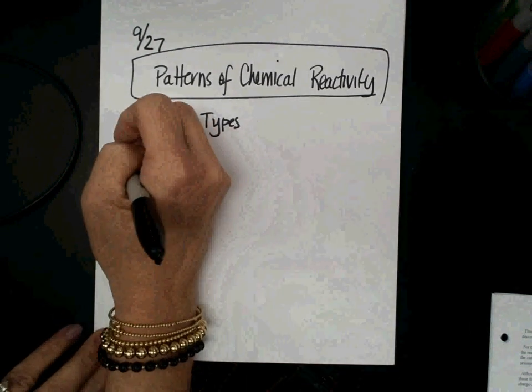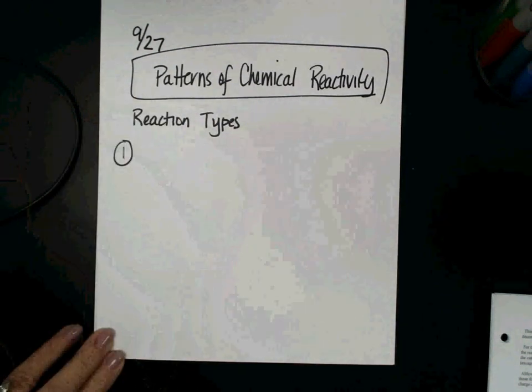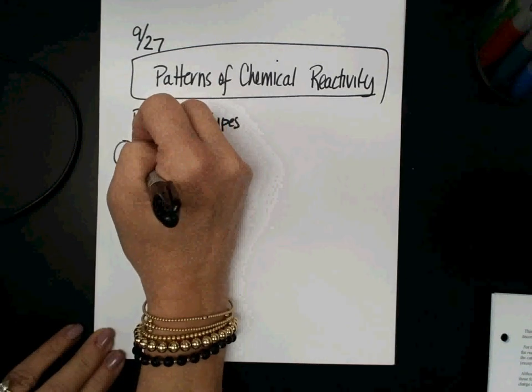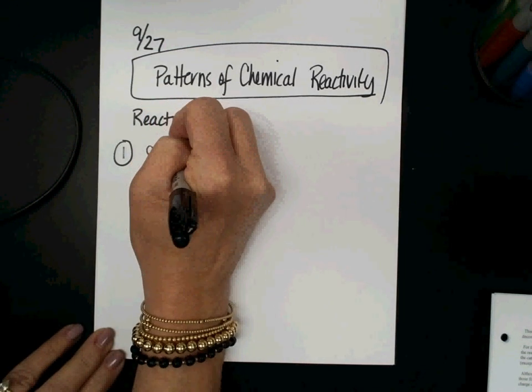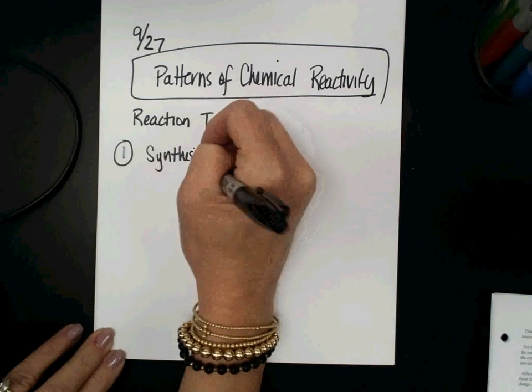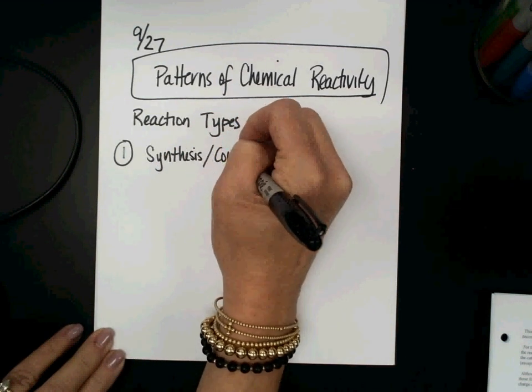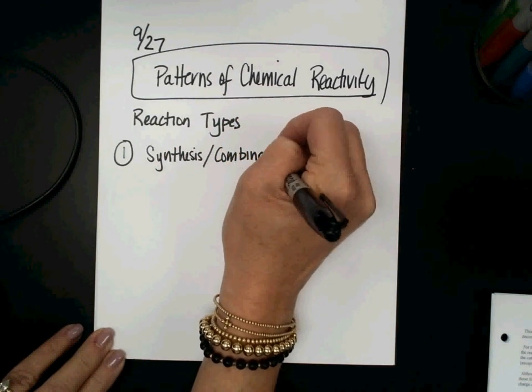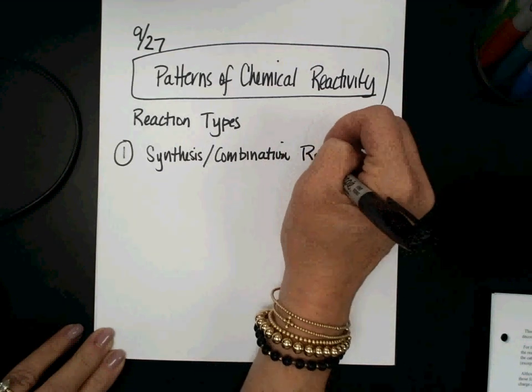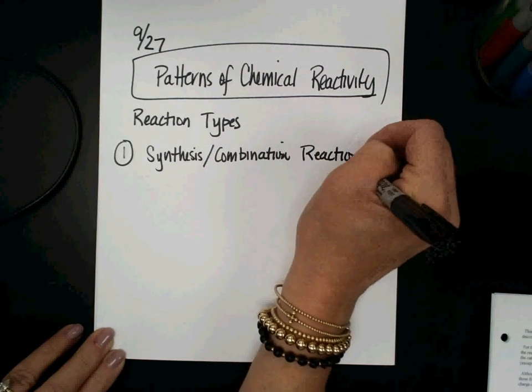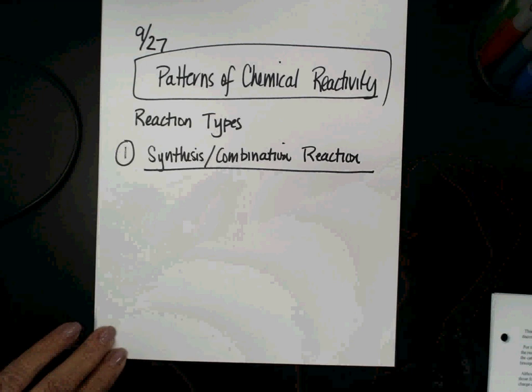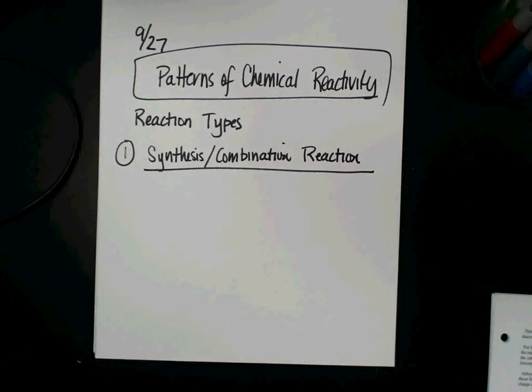The first type of reaction is called a synthesis. This is the simplest type, synthesis or combination. And depending upon what chemistry book you're looking in, it'll call it one or the other. I don't even know which one your book calls it for sure.